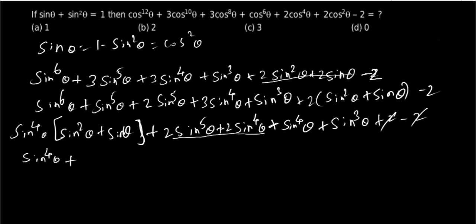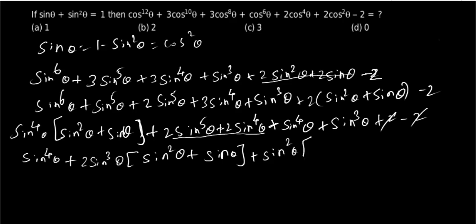so 2 can be taken outside, and if we take sine cube theta outside, so 2 sine cube theta if we take outside, we will get sine square theta plus, cube we have taken, 1 sine theta will be here, so 2 also have taken outside, so sine theta plus, if we take sine square theta outside in these two terms, so that we will get sine square theta plus, here 3 is there, 2 we have taken, 1 sine theta will come here.